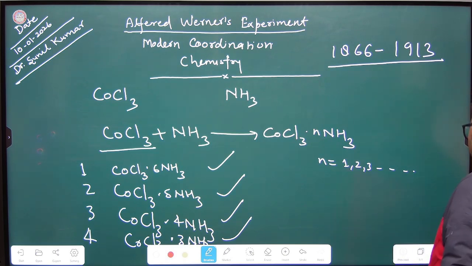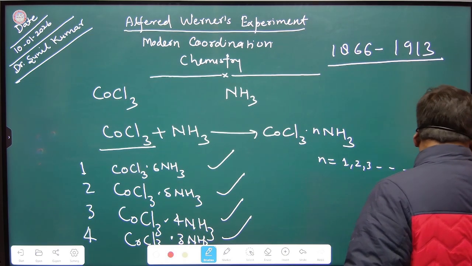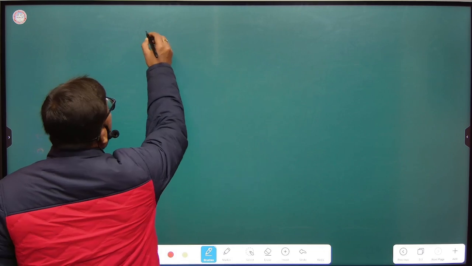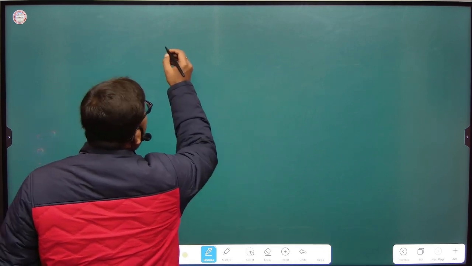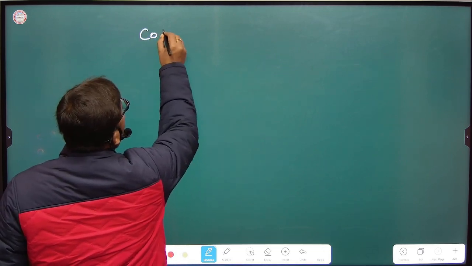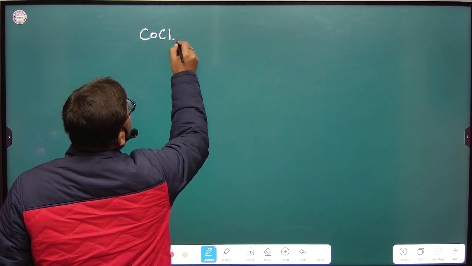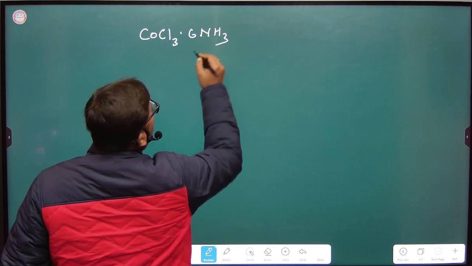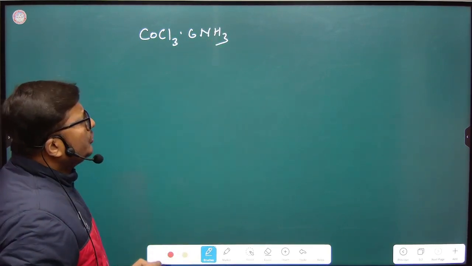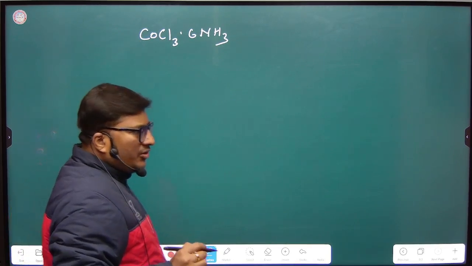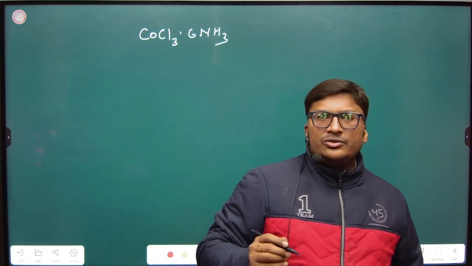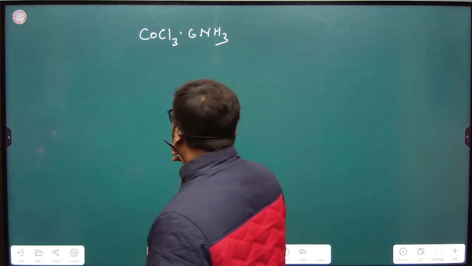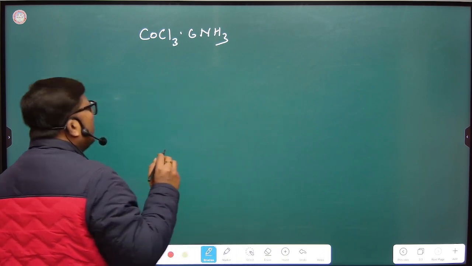So once he had separated CoCl3·6NH3, here cobalt is the transition metal, which exists in the +3 oxidation state.